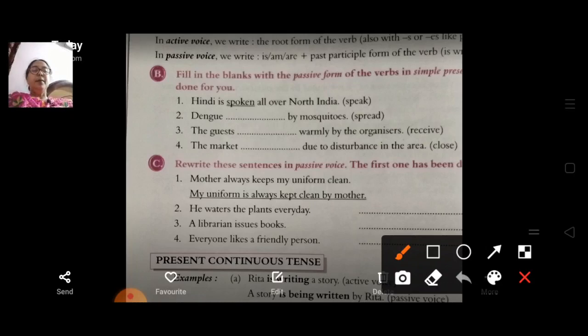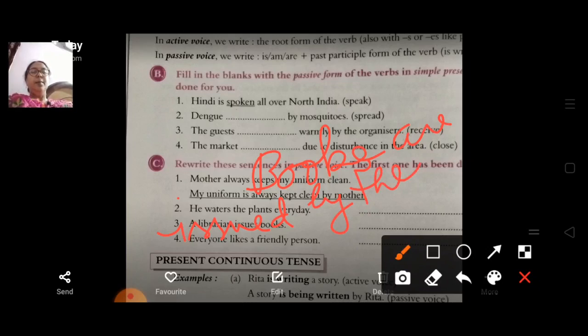Books are issued by the librarian. By a, you can write a librarian. Books are issued by a librarian. So complete it.